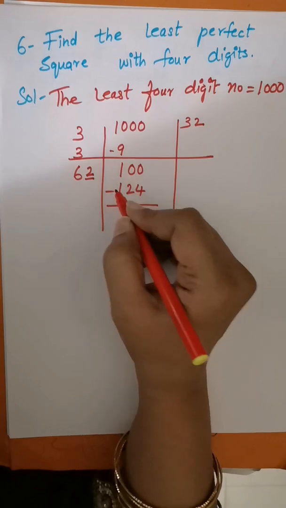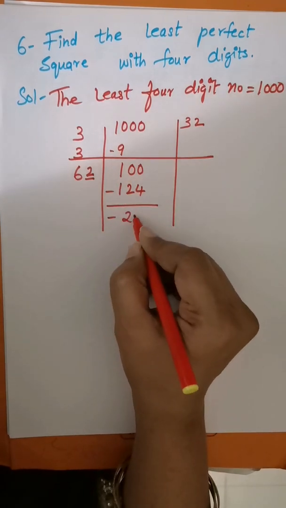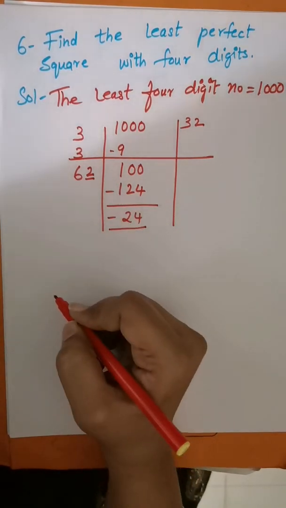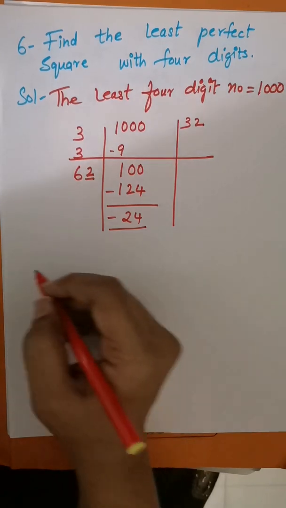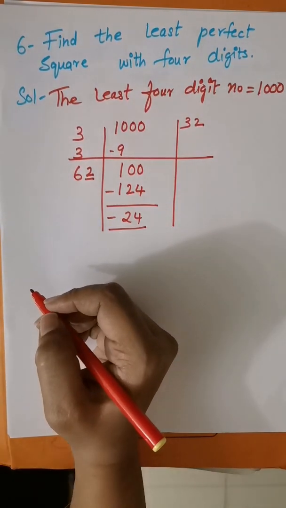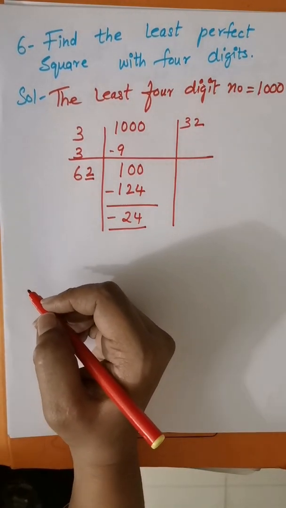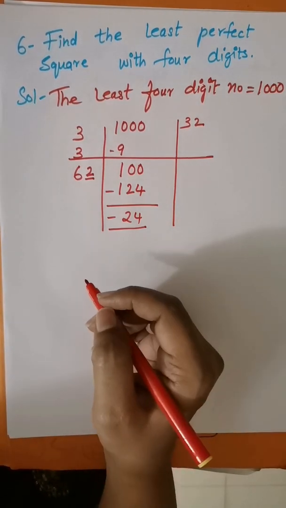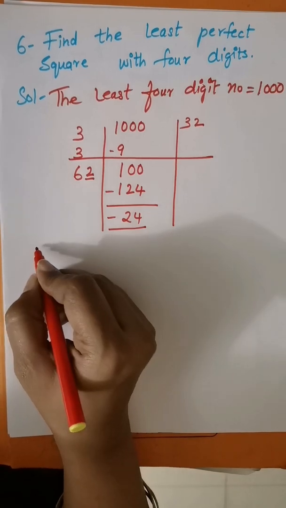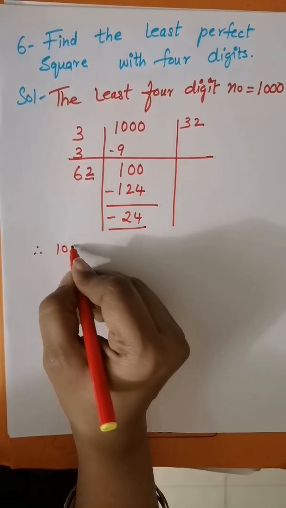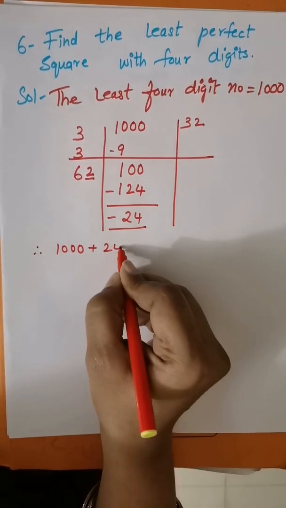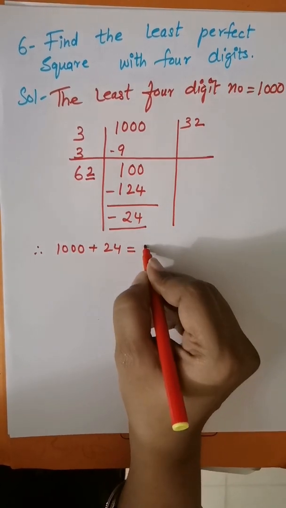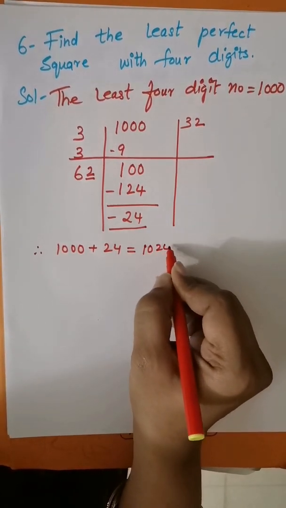So here 1 is plus, 1 is minus. Subtract and put the bigger number sign. So what is the least perfect square with a 4-digit number? 1000 plus 24 is equal to 1024.